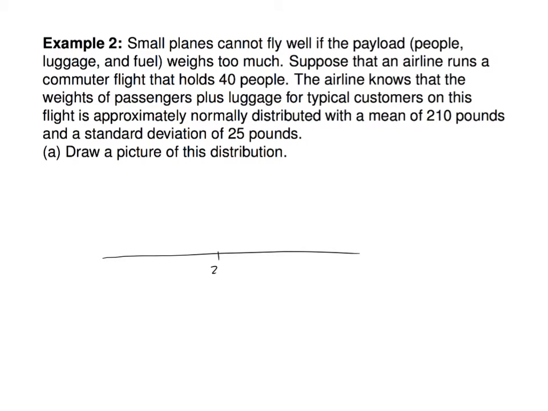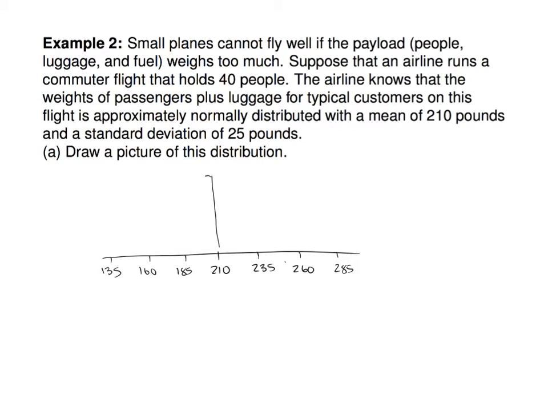So our center value is 210, and most customers will fall within plus or minus 3 standard deviations. So going up, that's 235, 260, and 285. Going down, that's 185, 160, and 135.